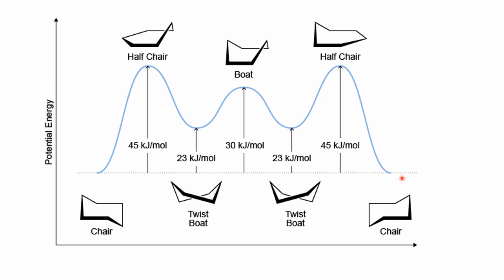That means the cyclohexane molecule moves from the chair conformation to the boat conformation, and again to the chair conformation, through the half chair and twist boat conformations in different planes. You got it? Take down.